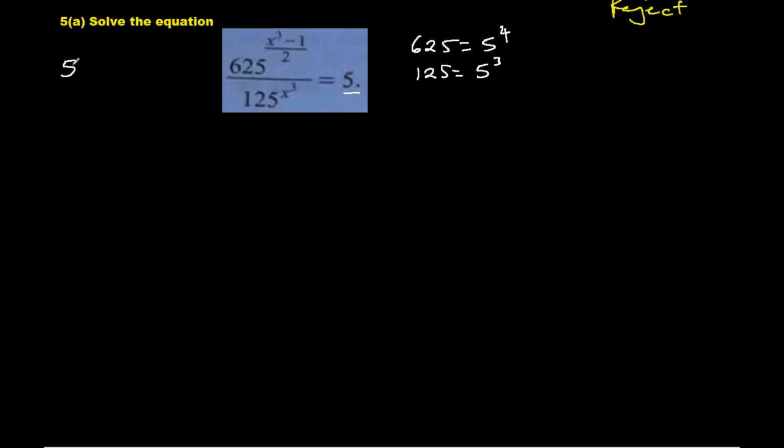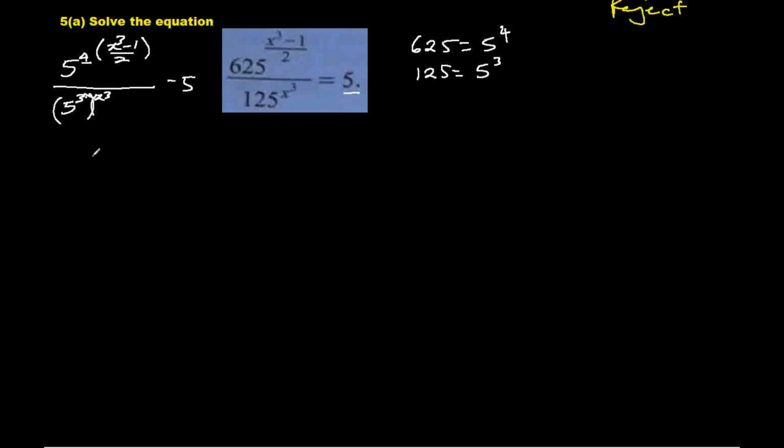I will convert 625 into 5 to the power 4, and further it is x cube minus 1 over 2 to this, right? When we have power and another power over it, they multiply, and that's what we're going to do in next step. First, let me write denominator 5 cube and 5 cube to the power x cube, right? I have to put a bracket here and x cube here. Okay, and then we have equal to 5.